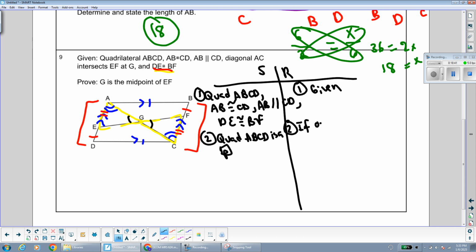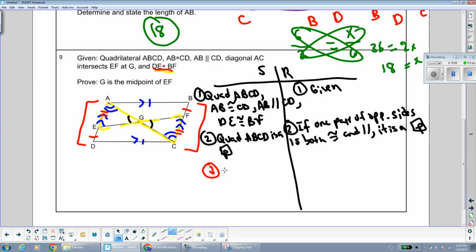If one pair of opposite sides is both congruent and parallel, it is a parallelogram. And from that, I know that AD is congruent to BC, so the other pair of opposite sides are congruent, and AD is parallel to BC.